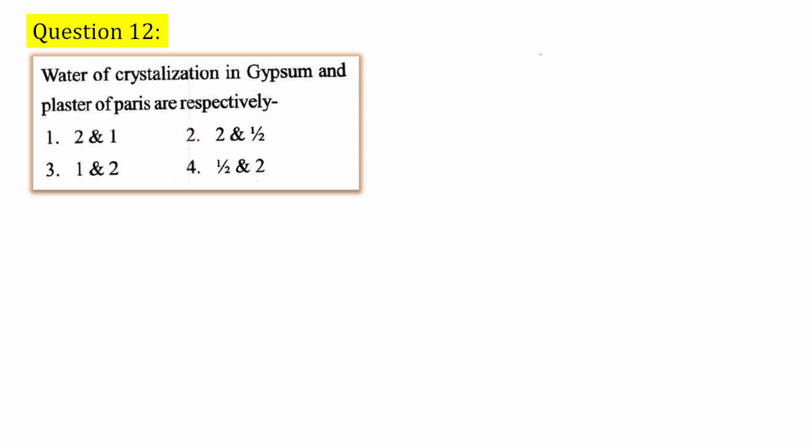Next, question number 12. Water of crystallization in gypsum and plaster of Paris. So gypsum and plaster of Paris both are compounds of calcium. Gypsum is one of the important components in cement that contains two waters of crystallization. POP, as we shortly call plaster of Paris, contains half a water molecule.